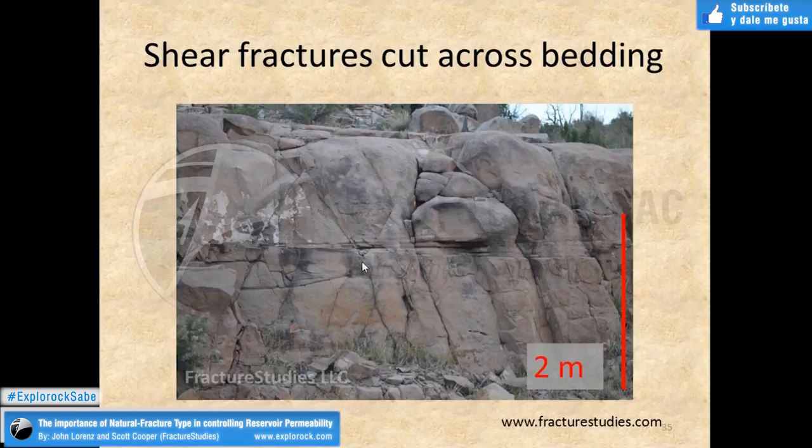What about aperture? It turns out that aperture is also largely dependent on the type of fracturing in a reservoir. So here are some examples of cores with extension fractures in them. Now they're mineralized extension fractures, but you can see that the fractures have relatively uniform widths across and along their length.